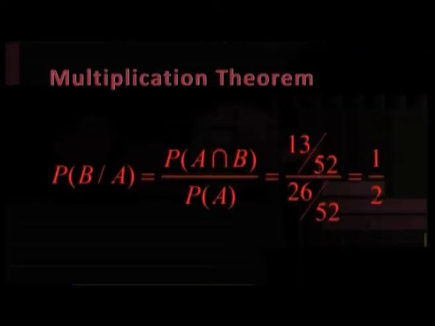Therefore, by definition of conditional probability, the probability of drawing a heart, given that it is red, is given by probability of B given A is equal to probability of A intersection B divided by probability of A, which is equal to 13 by 52 divided by 26 by 52, which is equal to 1 by 2 or half.